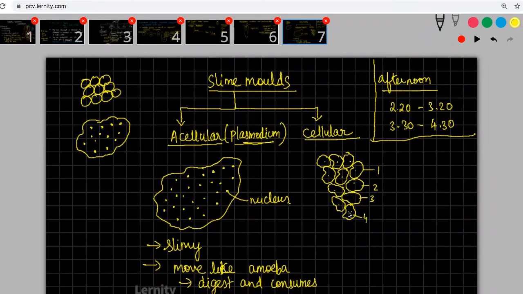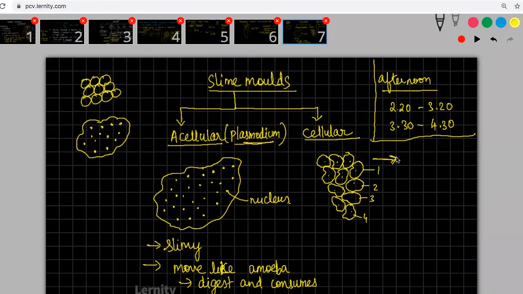They are all independent entities, but they move together. They are distinct because sometimes they can go away from the group also. It is more of a colony.